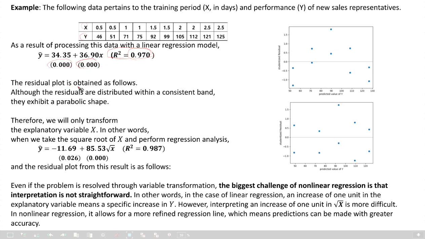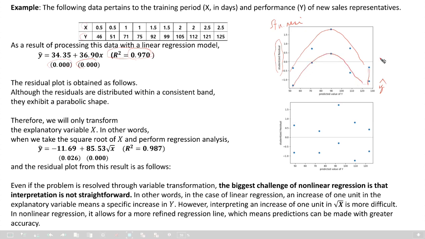The residual plot is obtained as follows, like this. This one is a studentized residual against y hat. So you may see there is some pattern here. What is this?